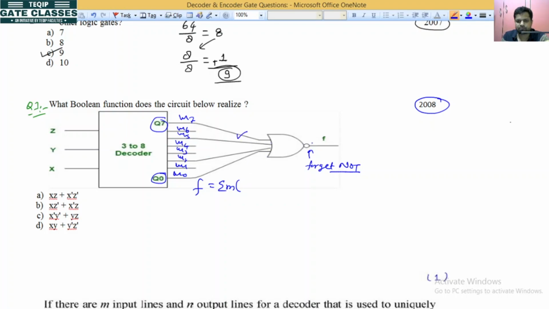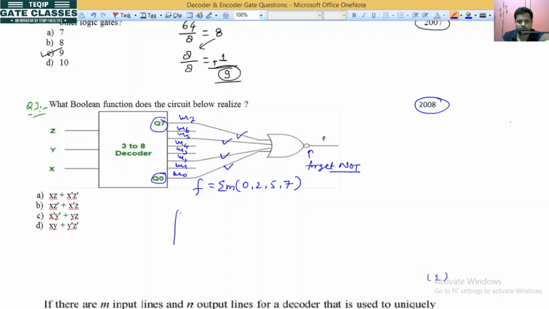I have forgotten this NOT gate for now, we will see it later. So it is 7, 5, 2, 0, so it will be 0, 2, 5, 7. Now this is our function, so you have to simplify this function with the help of K-map.